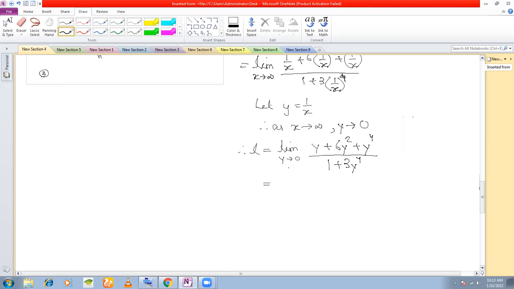The limit can be equal to 0, no problem. But the only problem is that it should not be an indeterminate form. That is, the denominator cannot be equal to 0. So let's put y is equal to 0: 0 plus 6 into 0 square plus 0 to the power of 4. So you see that the denominator does not vanish, right? So you get here 0. So the value of this limit is 0. Okay.